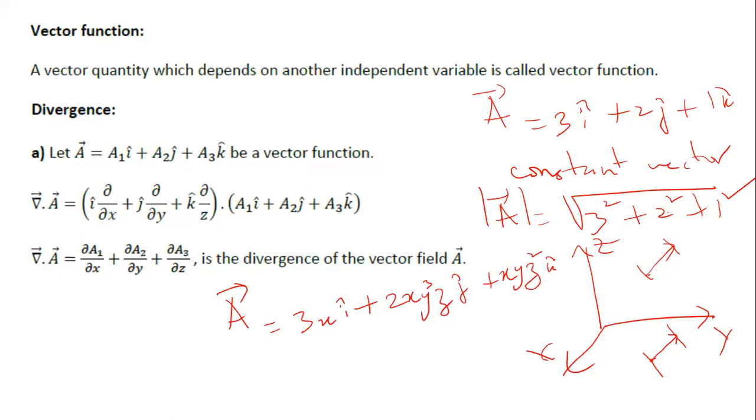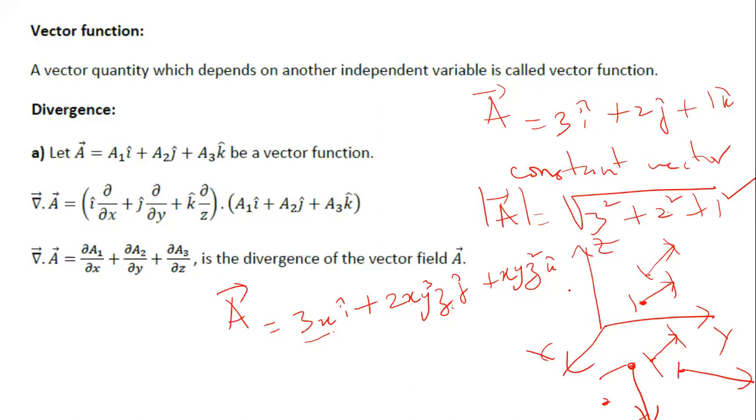If you consider this vector quantity, the magnitude depends on x, y, and z. So if you move from one point in space to another, the magnitude and direction might also change according to these x, y, and z values, right? Those kinds of vector quantities are called vector functions.